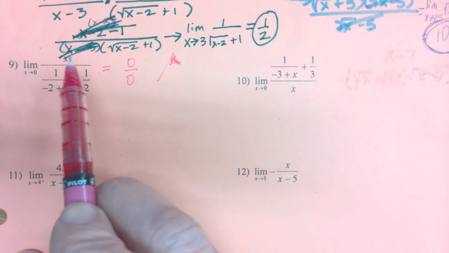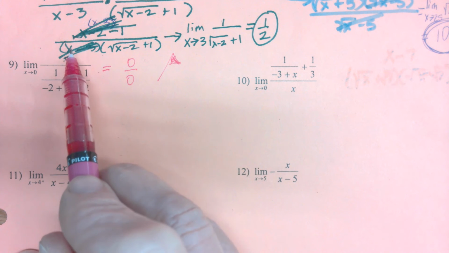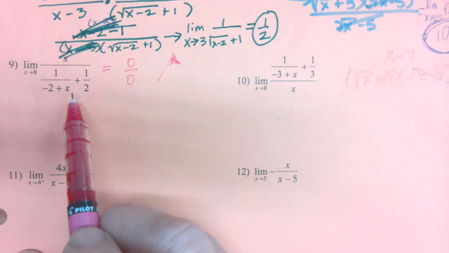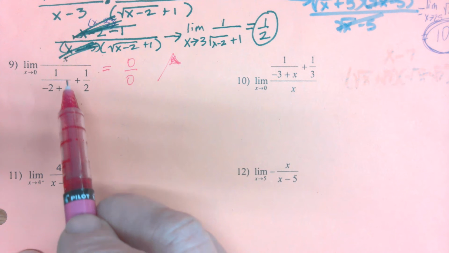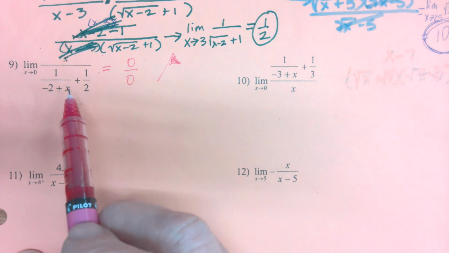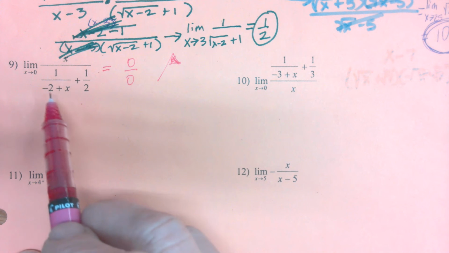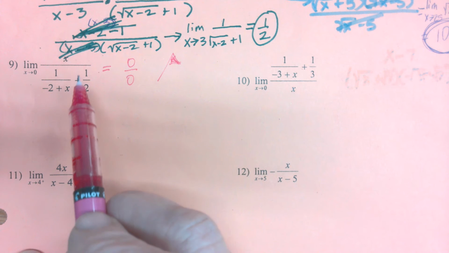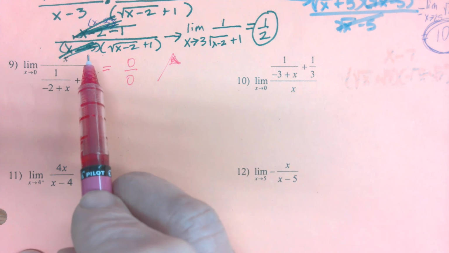But what I can do is I can simplify this fraction. And there are multiple ways of doing it. But one way is to multiply the whole fraction by the common denominator.